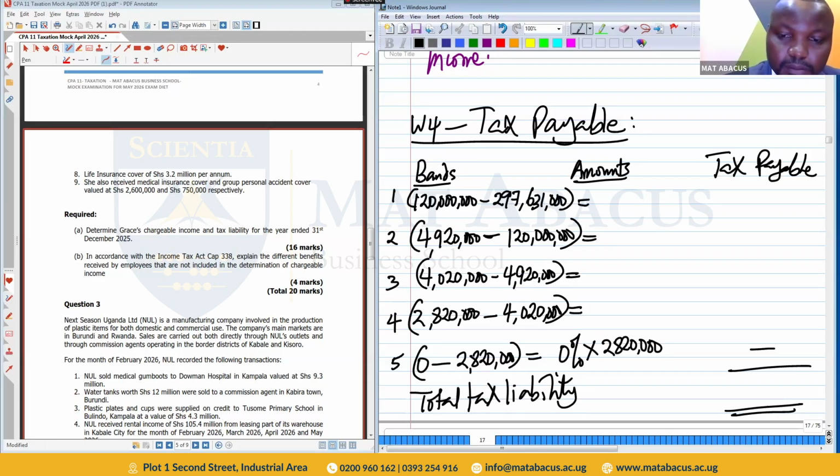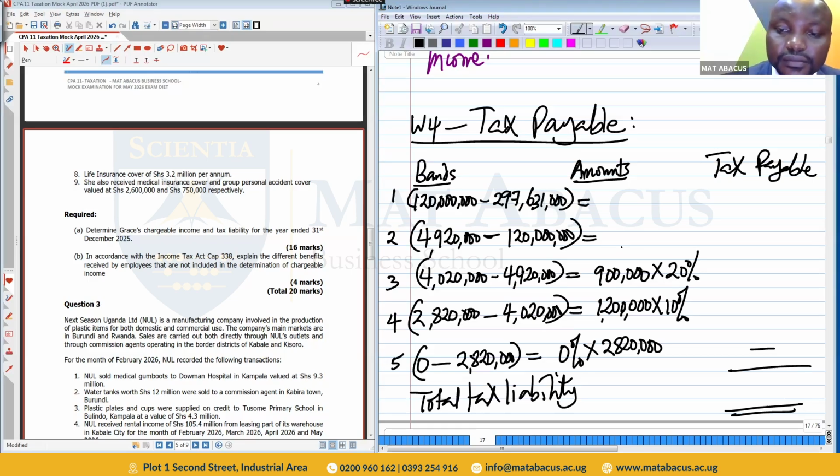Then the next one will be 2,820,000 minus 4,020,000, which is 1.2 million, times 10%. Then 4,020,000 minus 4,920,000, you'll get 900,000 times 20%.